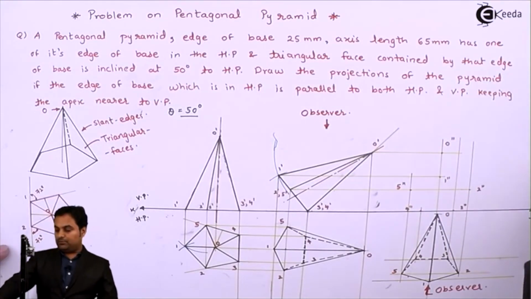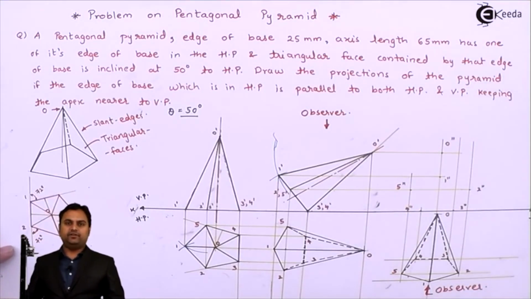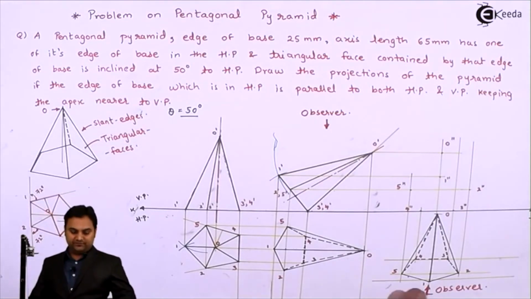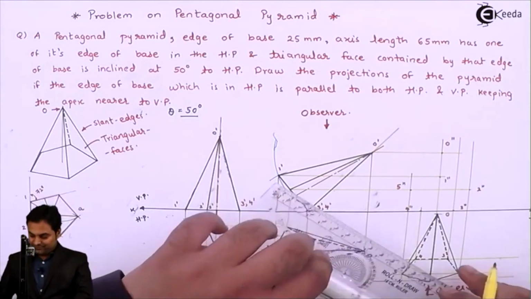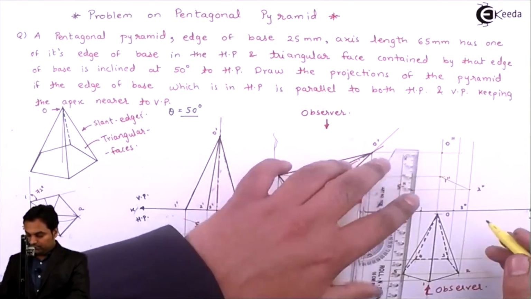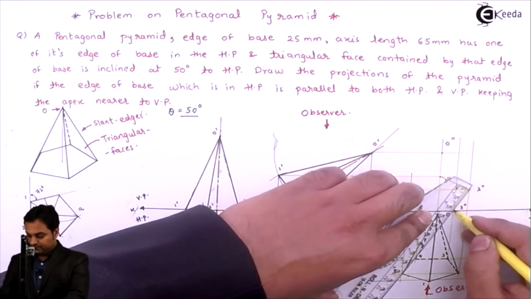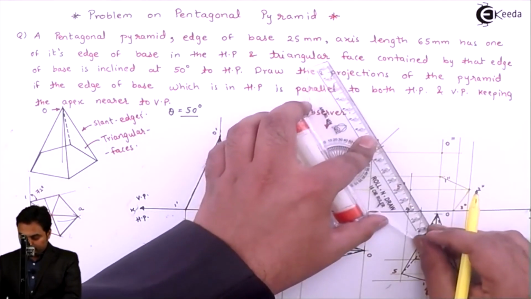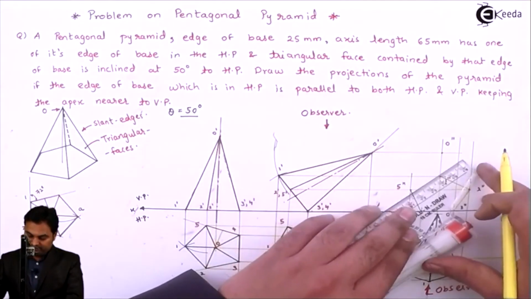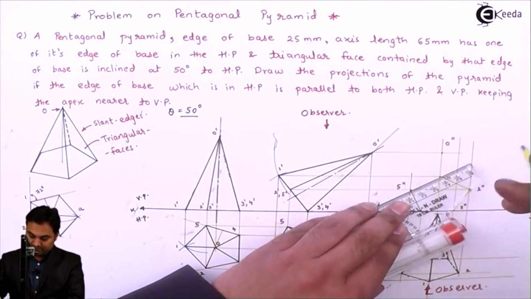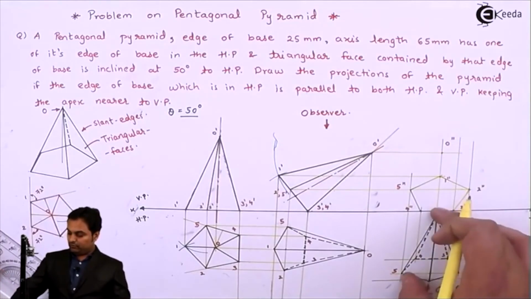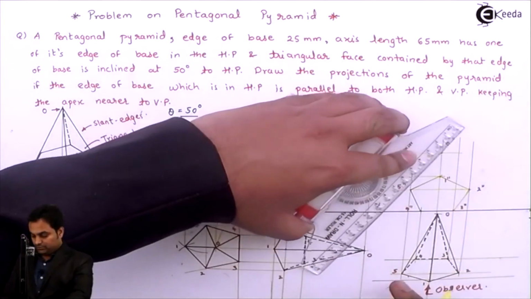Now joining them in proper sequence will give me the pentagon in the front view. This base is closer to observer, so all the points of the base will be visible to the observer. So connecting 1 double dash to 2 double dash, 2 double dash to 3 double dash, 3 to 4, 4 to 5, 5 double dash to 1 double dash, and then when the observer is here, O25 and O22 are visible, so they will be connected.